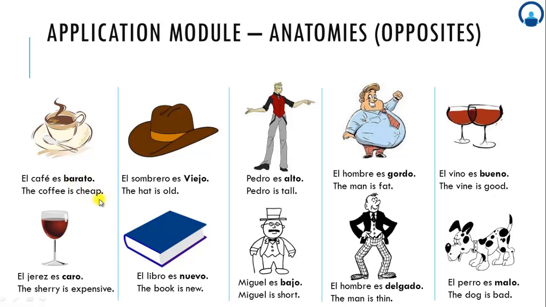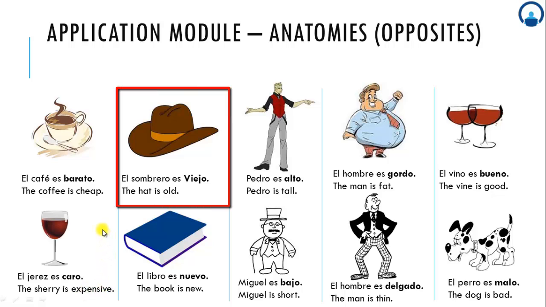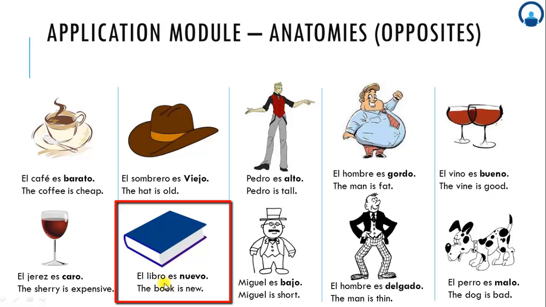Barato means cheap and caro means expensive. Next, el sombrero es viejo. The hat is old. Sombrero means hat, viejo means old. El libro es nuevo. The book is new. Libro means book and nuevo means new.